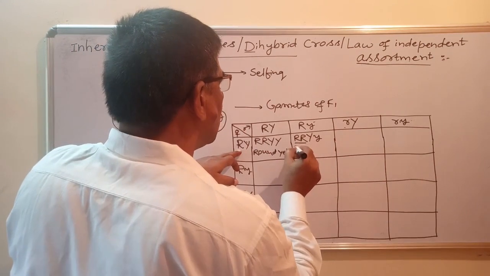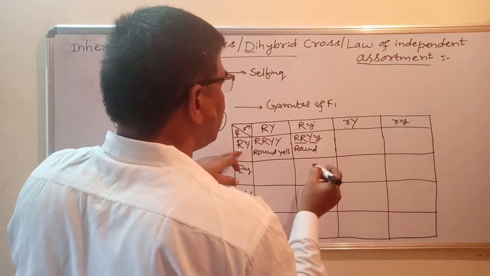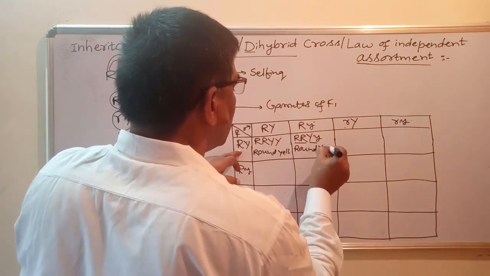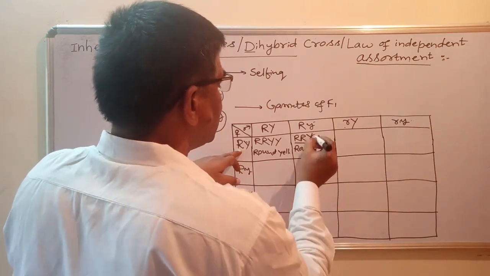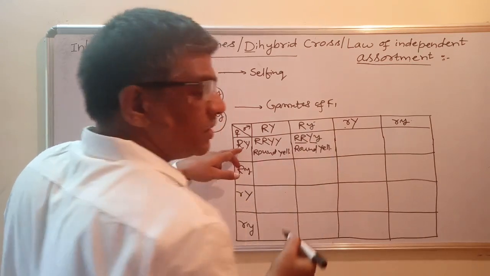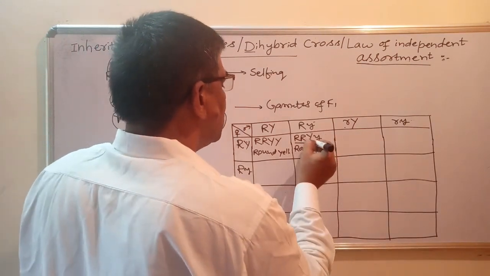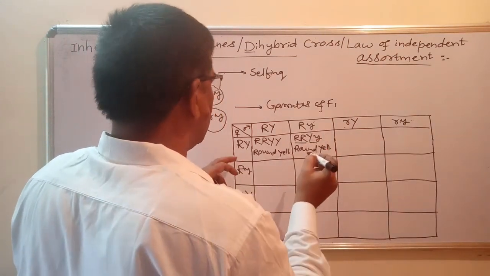So this is round only, and capital Y with small y is also yellow, because Y is dominant over the recessive one, so only the dominant characteristic is expressed. Therefore, here we write round yellow.